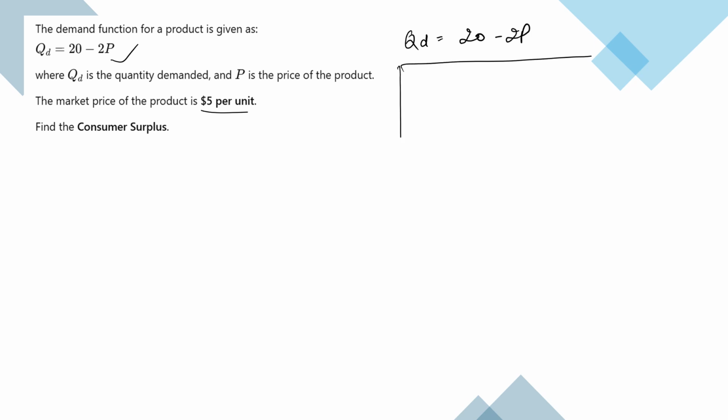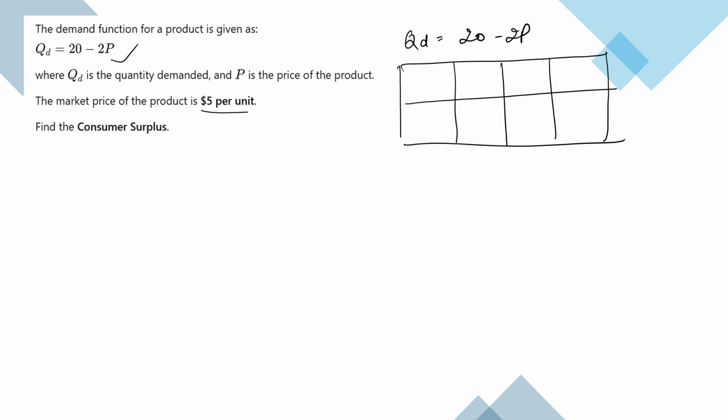Firstly, we will draw the demand schedule, which is a tabular representation showing different combinations of price and quantity demanded. Let's say I take price as 0. When we put price as 0 in this equation, we get 20 - 2 x 0. 2 x 0 is 0 and 20 - 0 is 20. So we can write 20 here.